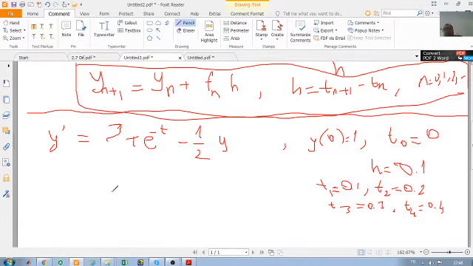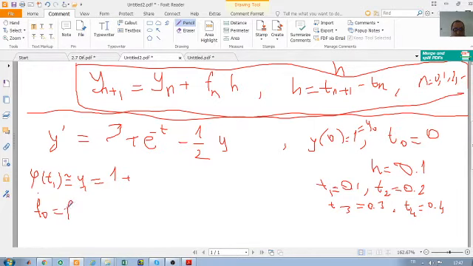First we need to find the value of y1. This is the approximate value of the solution curve, namely phi of t1 is approximately equal to y1, which, according to the formula, writing 0 for n, is y0 plus f0, namely f of t0, y0.